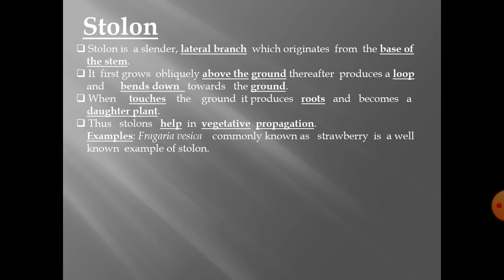Next point, it first grows obliquely above the ground, thereafter produces a loop and bends down towards the ground. Meaning, stolon first appears from the mother plant, thereafter grows obliquely upwards. Further, it makes an arc or loop and finally bends down towards the ground.